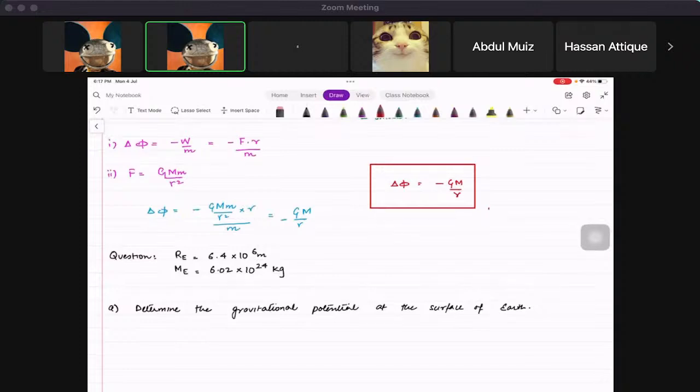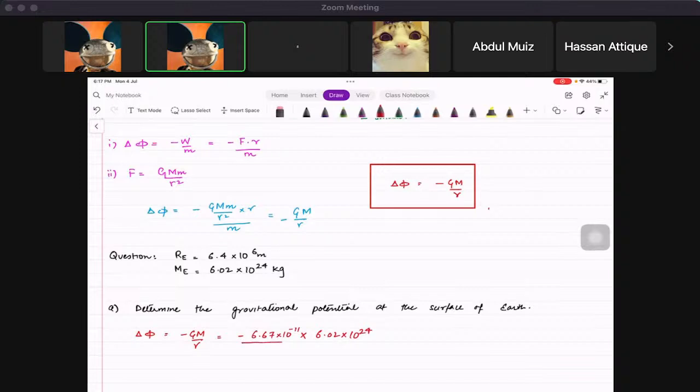So we know that the change in potential at the surface of Earth would be minus GM upon R. So it's pretty simple. We just write 6.67 times 10 raised to minus 11. That is the gravitational constant. And then the mass itself is 6.02 times 10 raised to power 24.